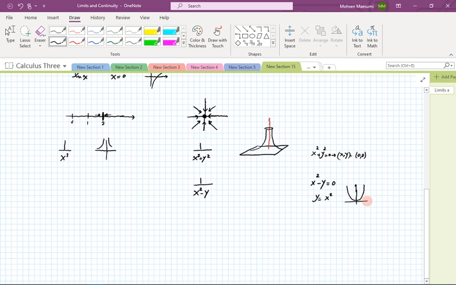Well, y equal to x squared is just our familiar parabola. Now, what's the role of this parabola in our answer? The role is that on top of this parabola, we are doing division by 0, so the function is going to rupture, go to infinity right on top of that parabola. So let me see if I can draw what's going to happen here. Suppose this is x, this is y, and this is the z-axis.